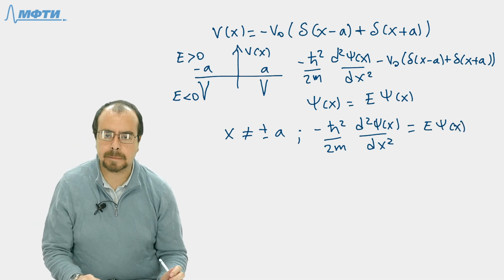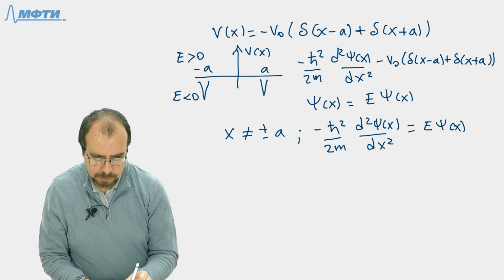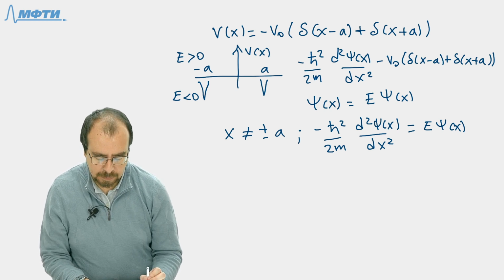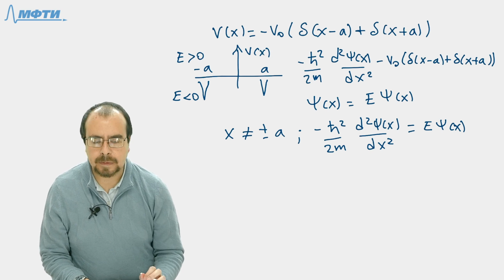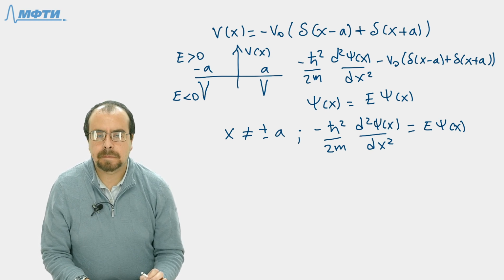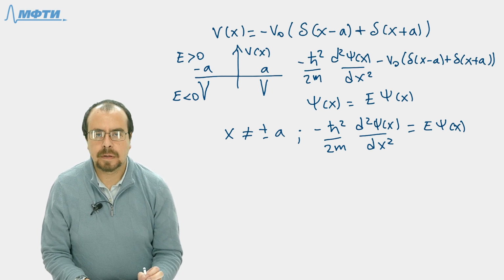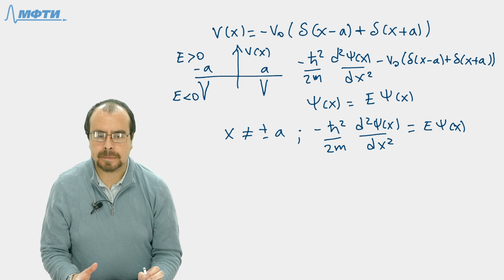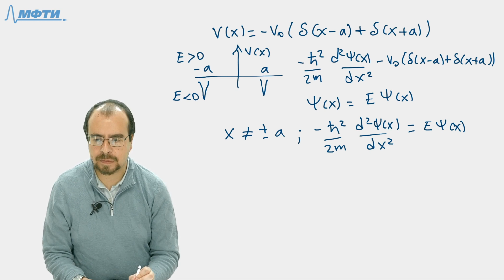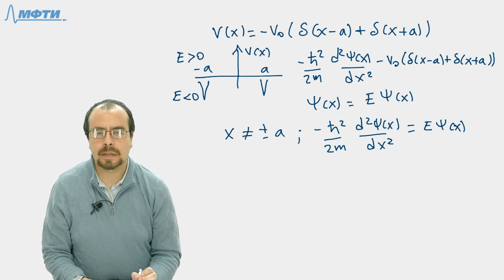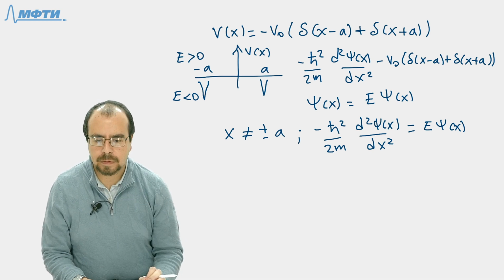So in principle, as you might remember, all the parts where the energy is smaller than 0, we consider these energies as forbidden. So in principle, if you have a particle that is in this zone, it will start to decrease exponentially.